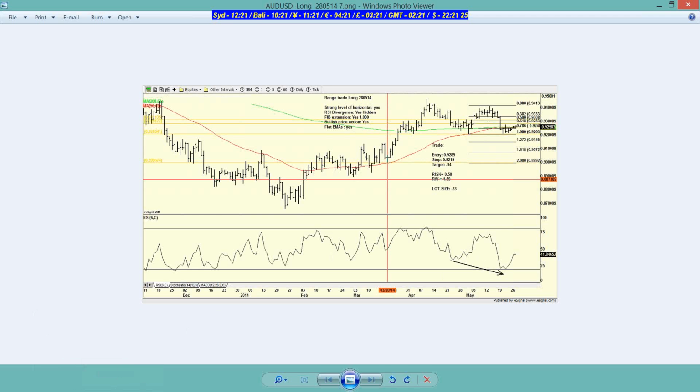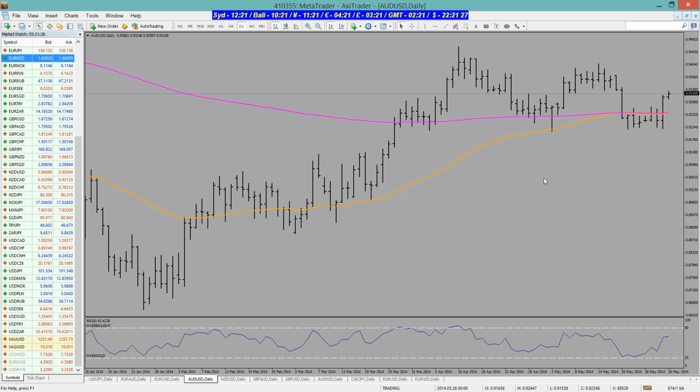What you need to see when you're looking at range trading and or trend reversals, you need to see reversal divergence out of the move that it's currently on, not the previous cycle. So you need to see it out of this move here rather than from this cycle to this cycle. You've seen it here.